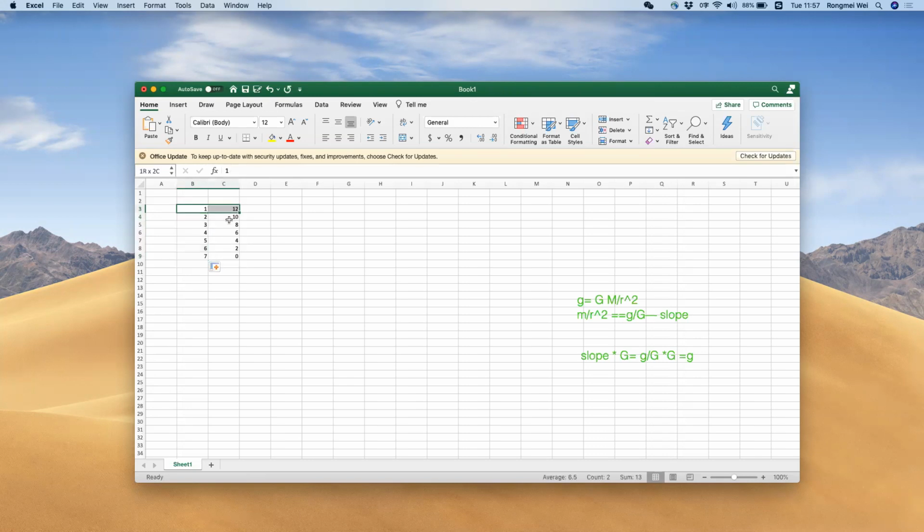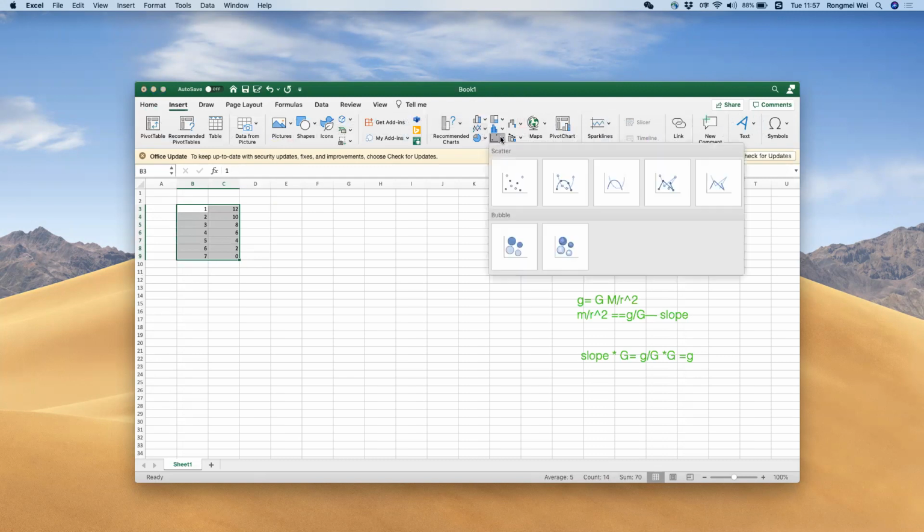So when you plot, you select them and then you insert and then scatter.